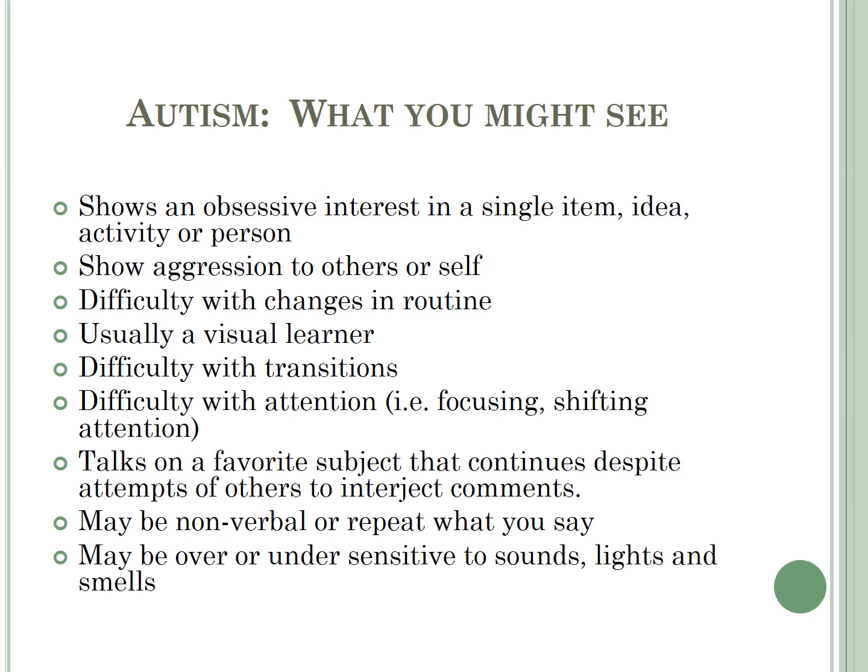They'll have difficulty with transitions, difficulty with attention, and like intellectual disability, they will talk on a favorite subject and continue to talk on despite attempts for others to change the subject. They also may be non-traditional communicators, or they might repeat back what you say, and they may be under or oversensitive to sounds, lights, and smells.